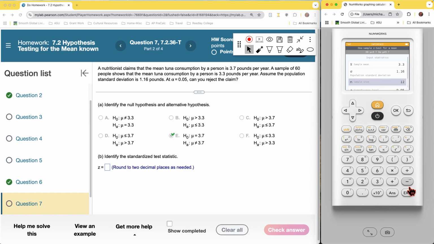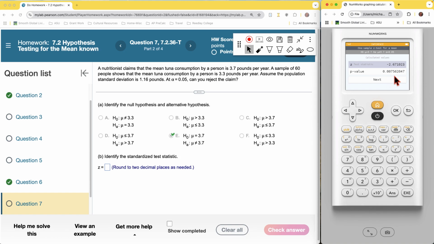And the sample size was 60, a sample of 60 people. We're asked to do an alpha of 0.05, which is a standard, or the default, I guess I'll say. So our z is this, our p-value is 0.007, which is less than 5%. It's 0.7%. It is less.